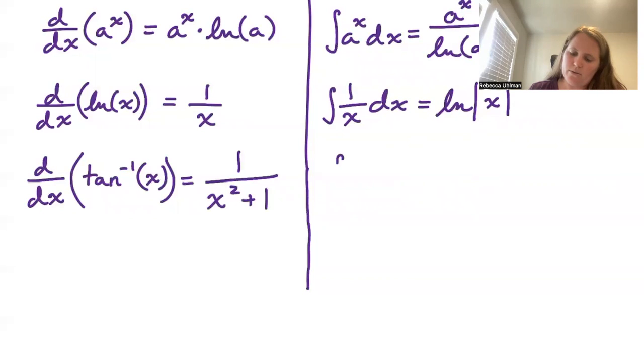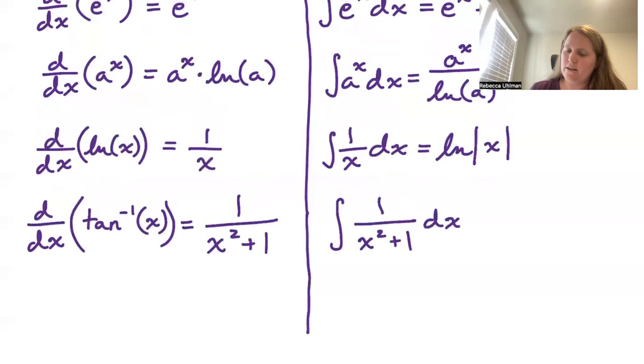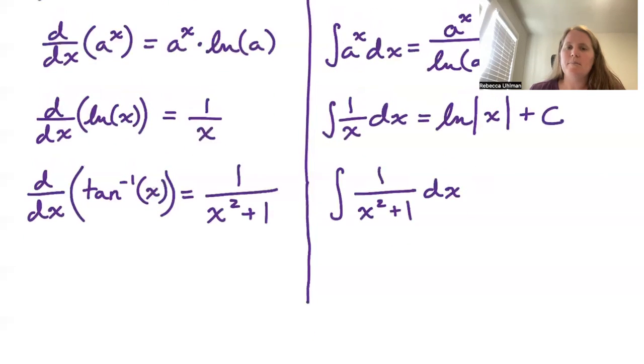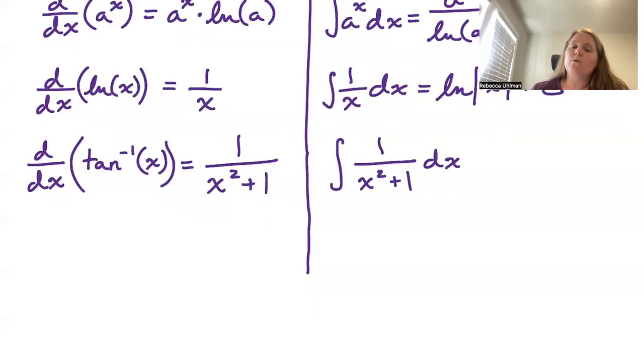So we have therefore that the integral of 1 over x squared plus 1 dx. Well, I forgot my plus c in the previous integral. That should have been integral of 1 over x dx is natural log absolute value of x plus c. And integral of 1 over x squared plus 1 dx is tan inverse of x plus c.